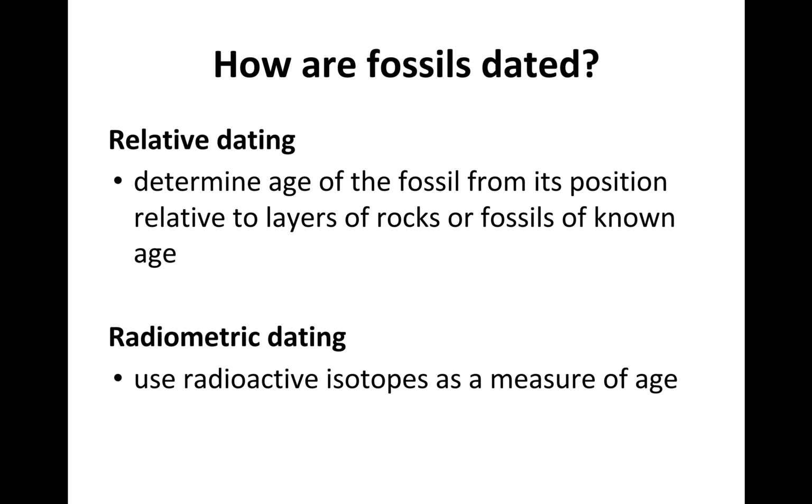Radiometric dating uses radioactive isotopes such as uranium or plutonium or even carbon 14. These are all radioactive isotopes that have specific half lives, and based on the amount in a sample, we can determine how old it is. This gives you a little bit more of an accurate measurement of age than relative dating.